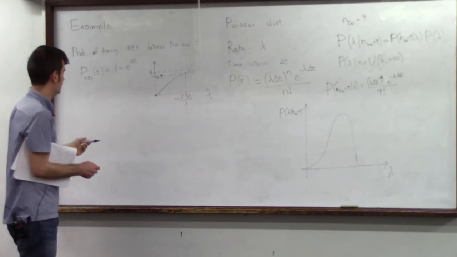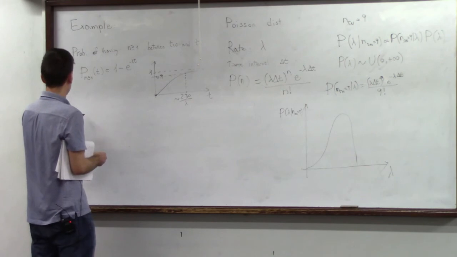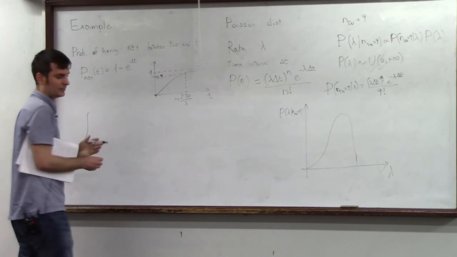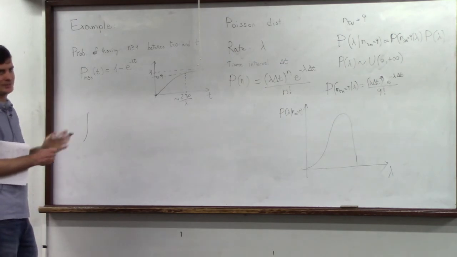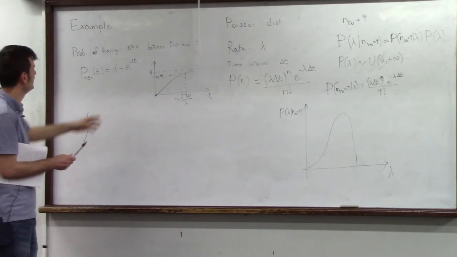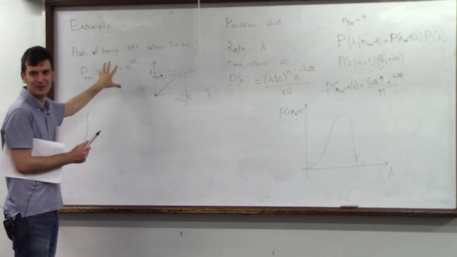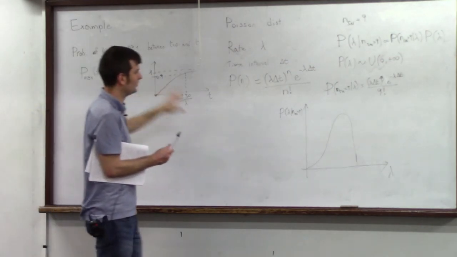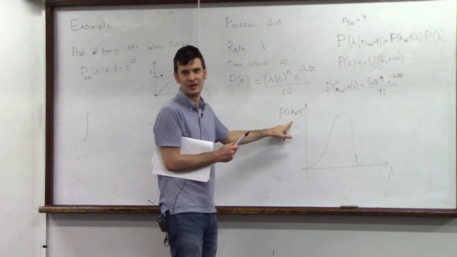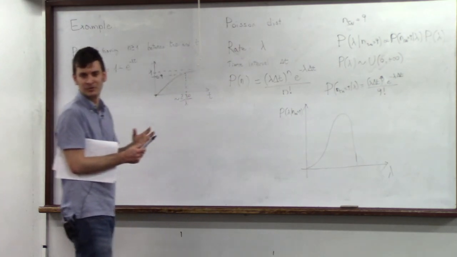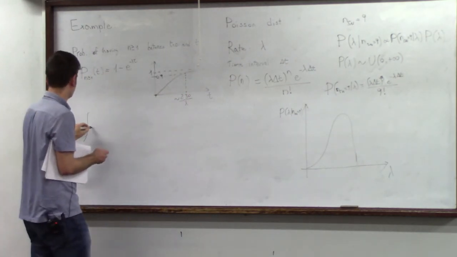Well, we can take the mean of this distribution weighted by the probability of each value of lambda, which in mathematical language becomes this.